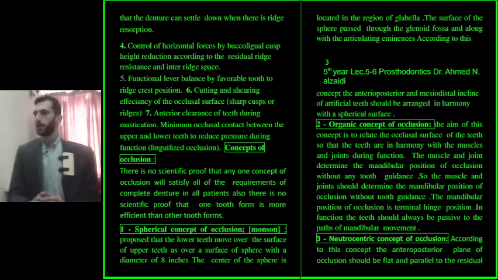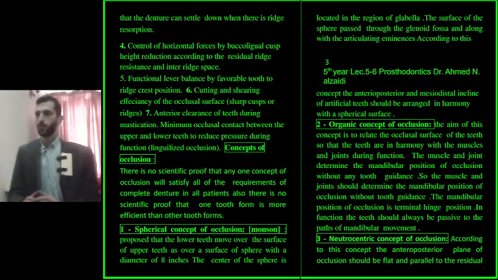Number one, spherical concept of occlusion. Monson, in parentheses, proposed that the lower teeth move over the surface of upper teeth as over a surface of a sphere with a diameter of 8 inches.